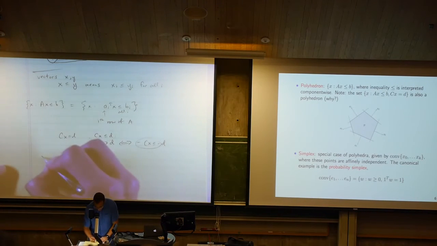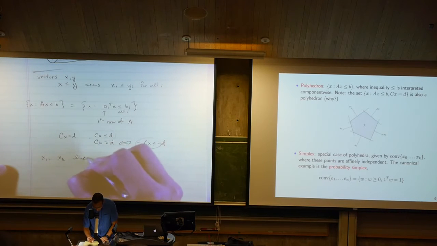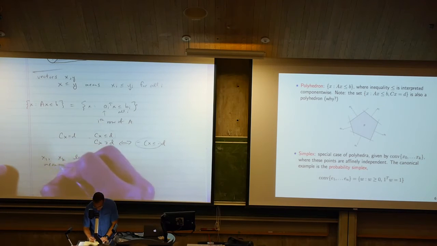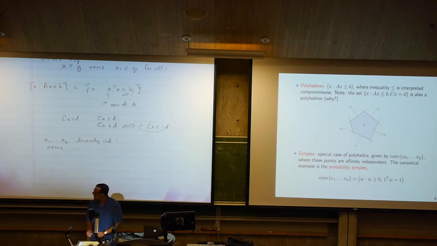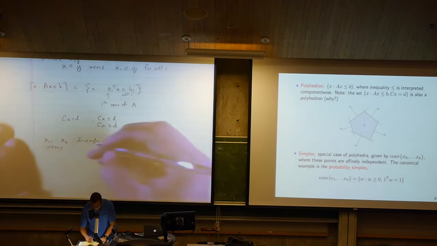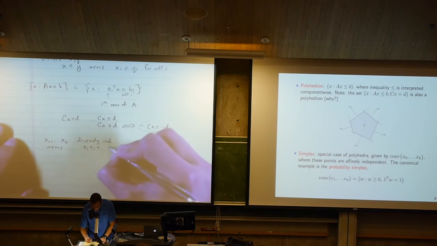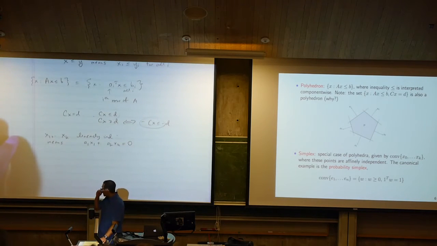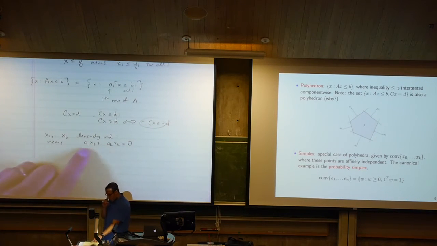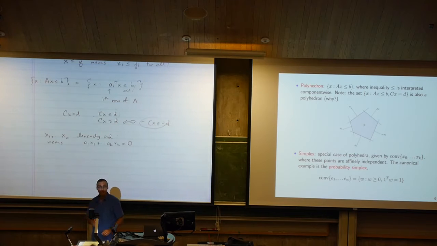If x1 through xk are linearly independent, that means that I cannot find, let's say, weights a1 through ak such that this linear combination is 0, but all the a's are not 0.